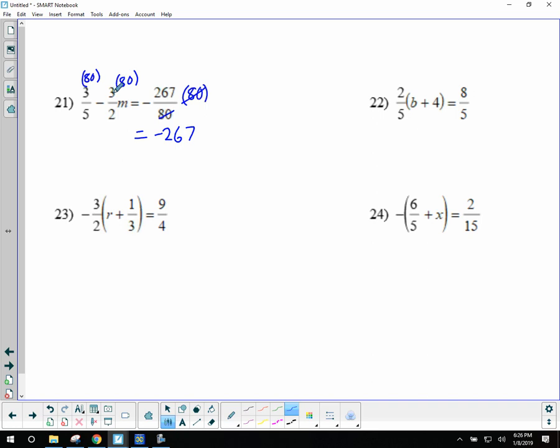Add the 0. So now you have negative 120. If you don't believe me, plug in your calculator. But you would want to do it this way. 3 times the 80, hit an equal sign, divide by 2, and you should get 120. Now, don't forget the negative, okay?